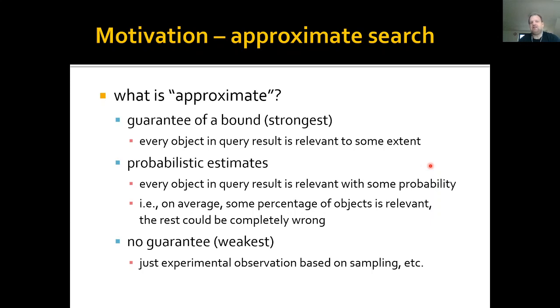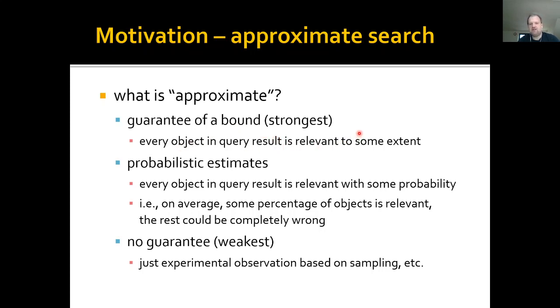So what is basically approximate? We can define many definitions of what is approximate, and the strongest definition would be that we have a guarantee of a bound for every individual object in the query result.